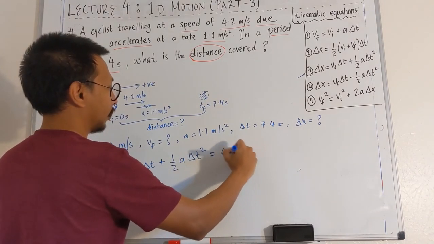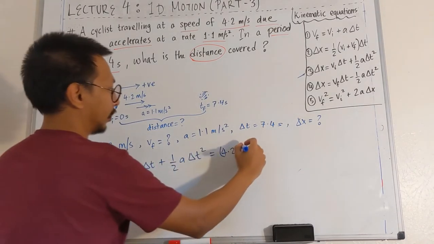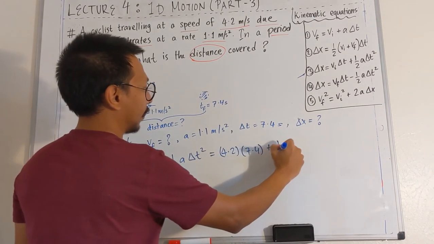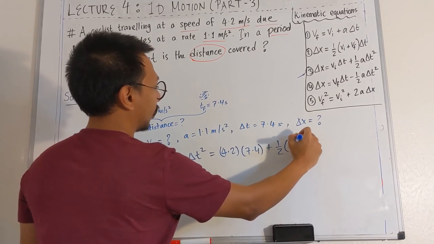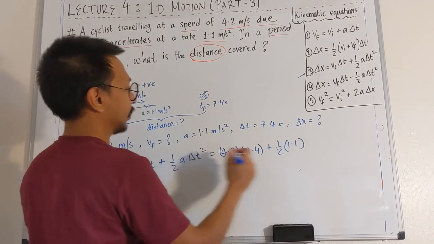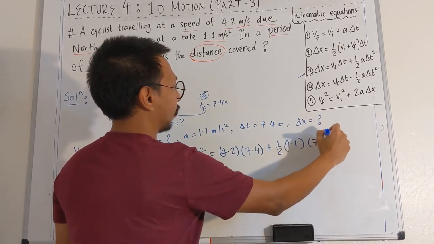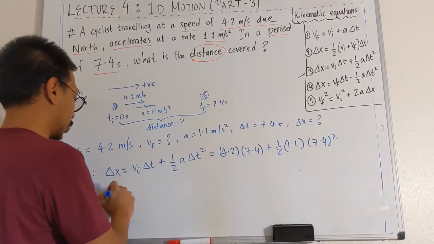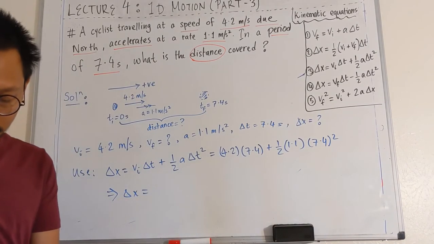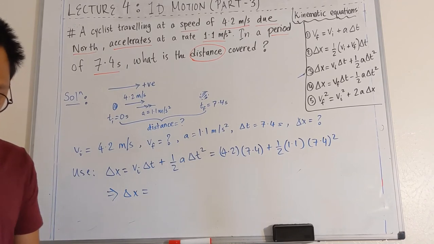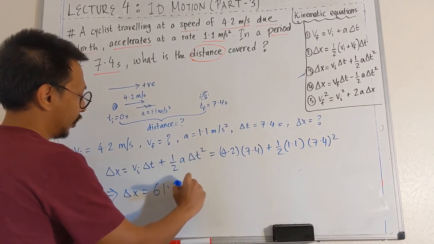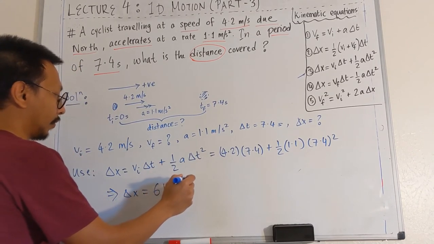It's 4.2 times delta t is 7.4 plus 1/2 a is 1.1 and delta t squared, which is 7.4 squared. So what is delta x? Delta x is 61.2 meters.